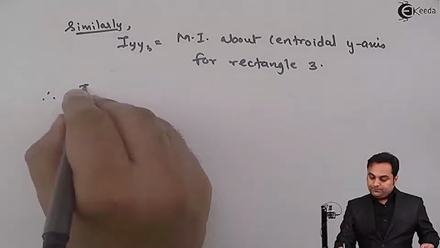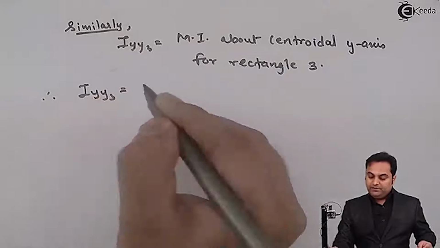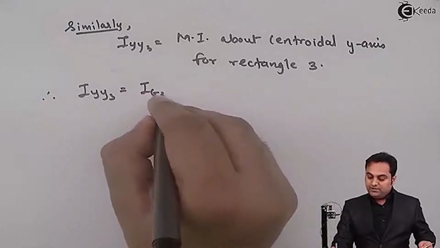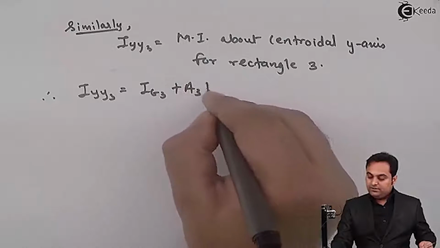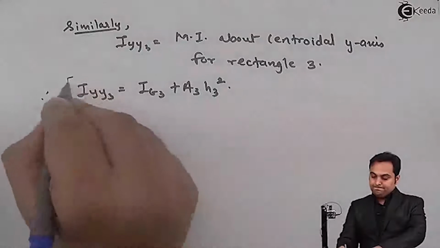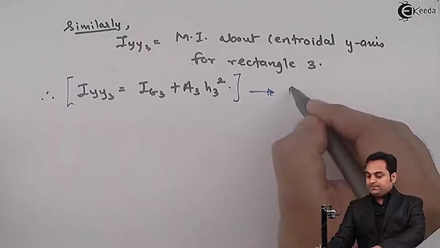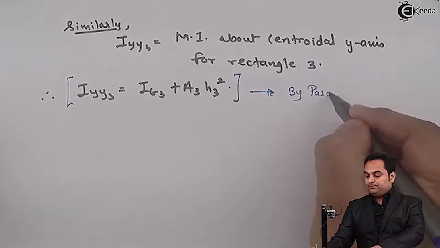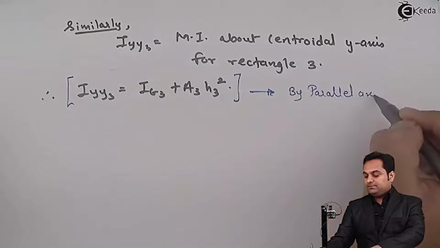So Iyy3 will be equal to Ig3 plus area 3 into h3 square, again by parallel axis theorem.